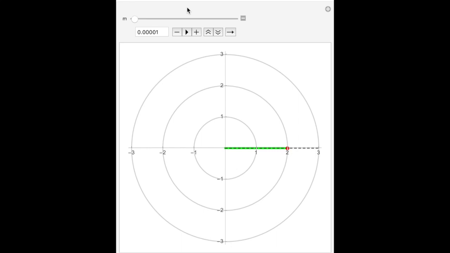For each angle along the way, we have an R value, and that R value is the length of the green segment. Okay, let's see what happens. We see that dashed line swinging around, and that green segment is getting longer and shorter depending on the R value for that particular angle. We sweep all the way around the circle, and along the way we get this cool cardioid shape.